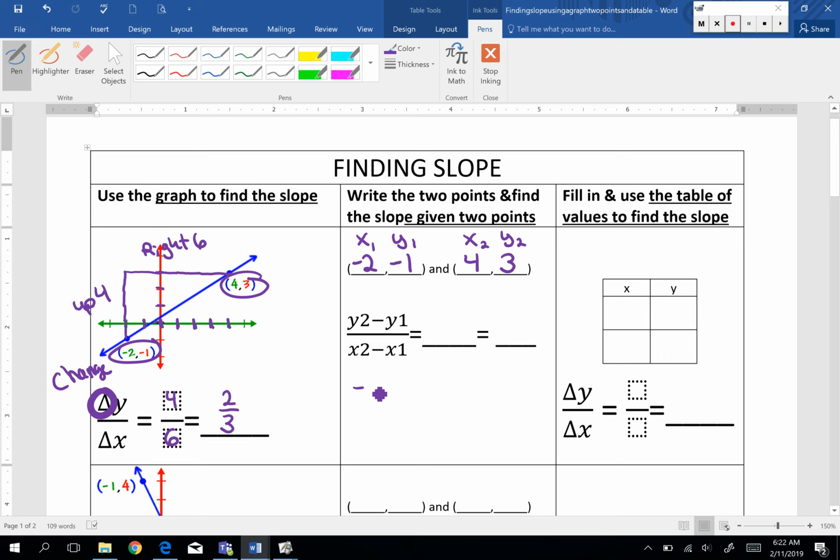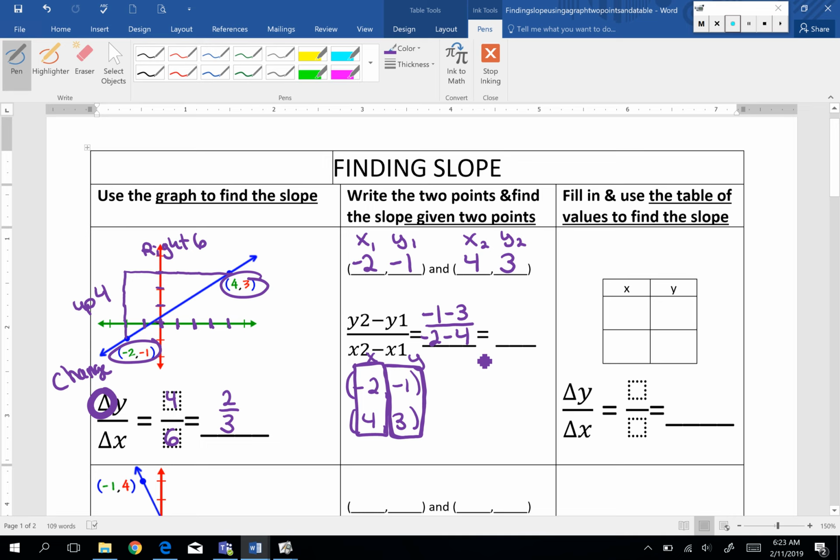Sometimes it helps if you write them stacked up so you see how the y's and the x's match up. The y values are going to go in my numerator, -1, -3. So see how they're lined up, -1, -3. And then the x values, -2, -4.